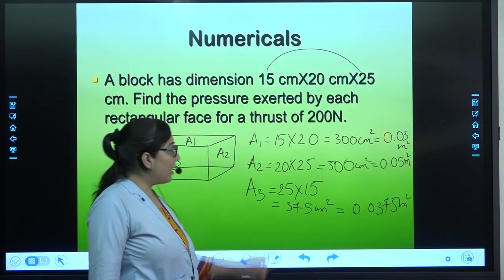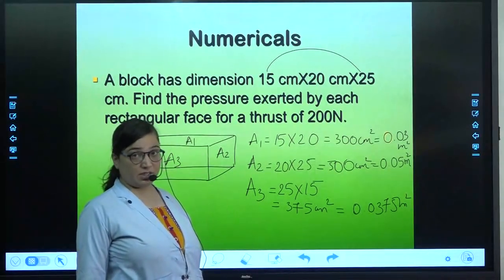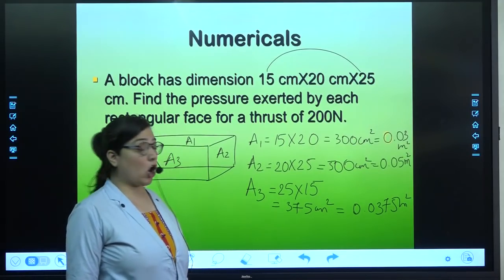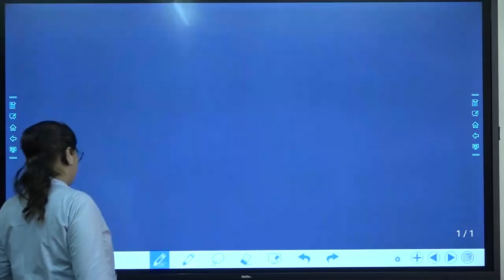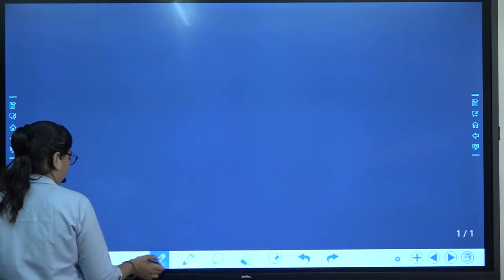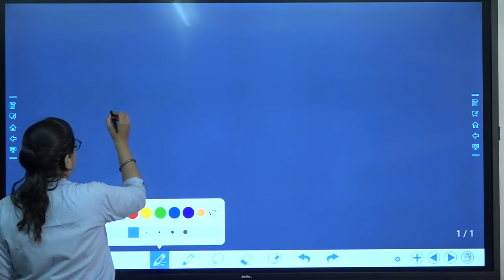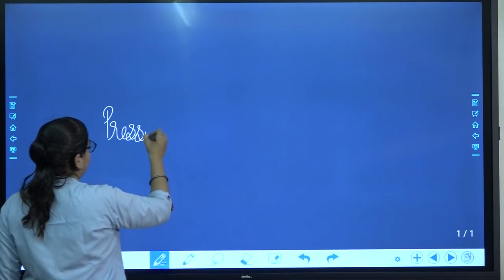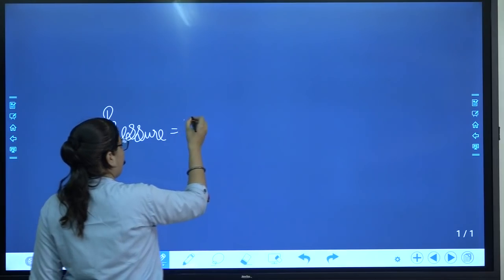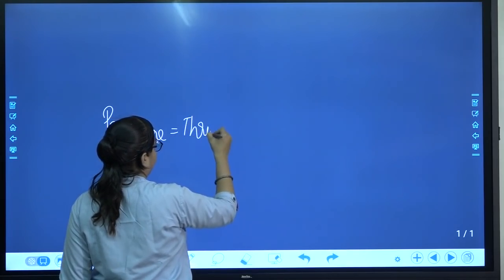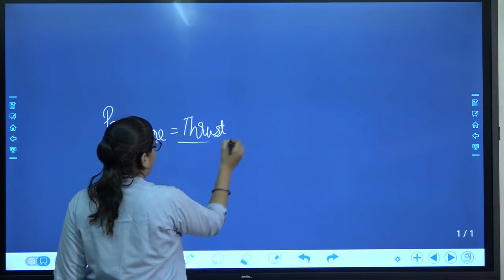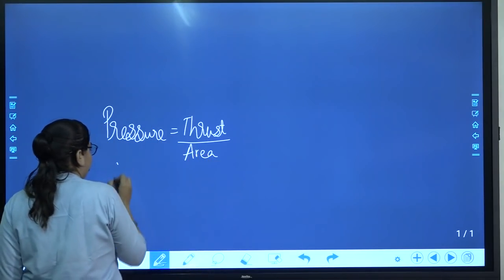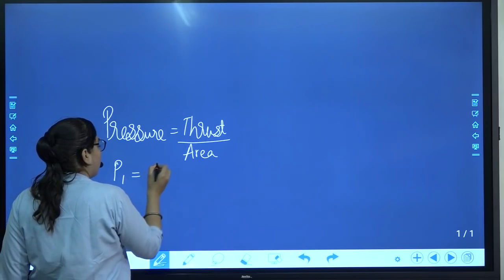Once you have 3 areas, force is given, that is thrust is given, we are asked to find out pressure. Is that hard? No. So let's see. Pressure is force upon area, or thrust, properly speaking, it's thrust upon area. So what will be the pressure exerted on first one?